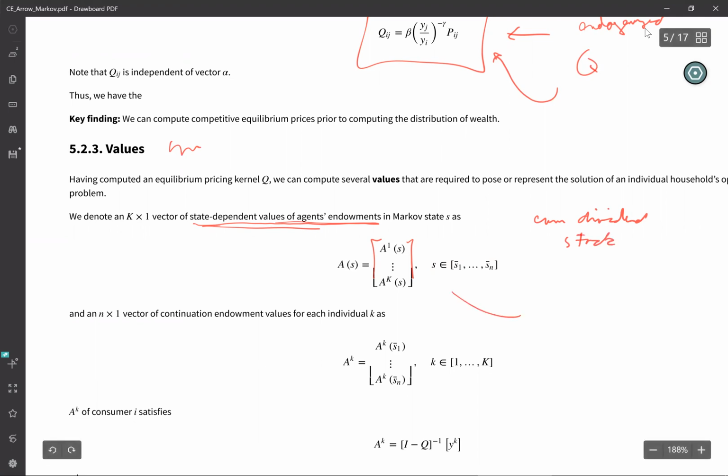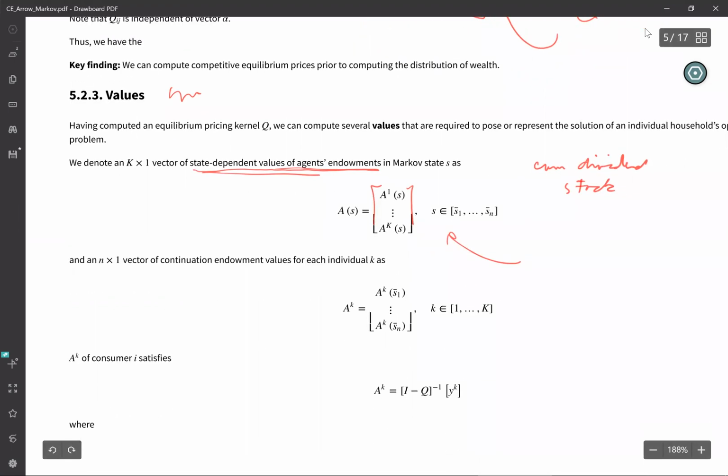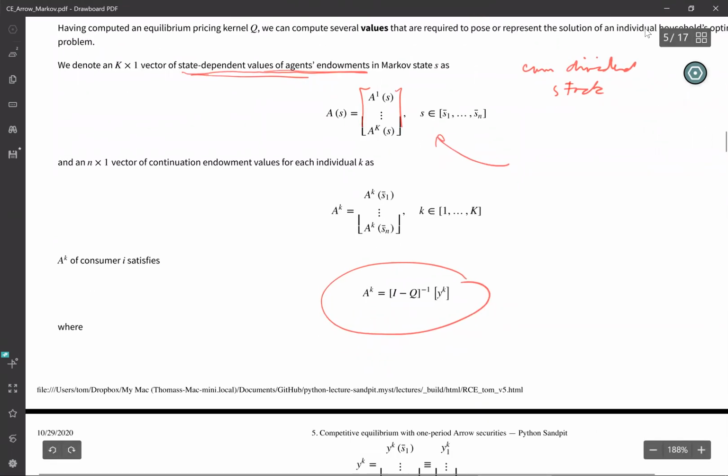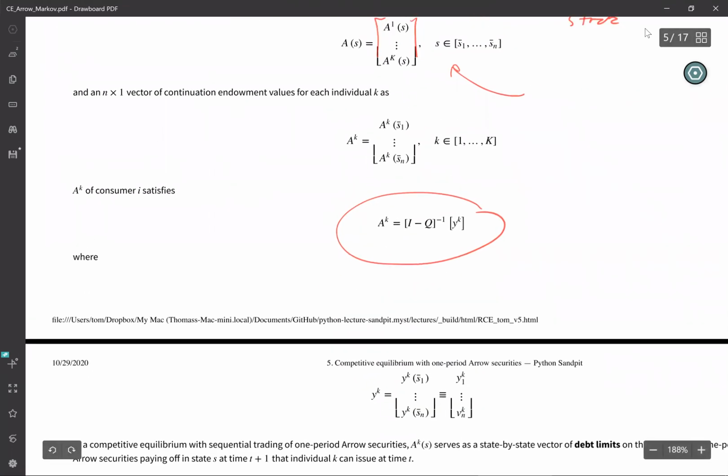So I'll define those. This just looks like our price vector before. And this is the value of individual consumers' endowment stream, where I've just stacked up their endowment across states into a vector like this.